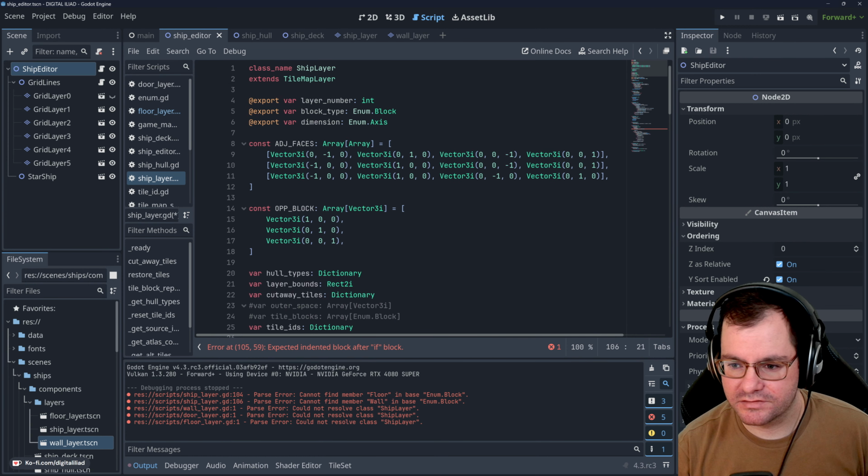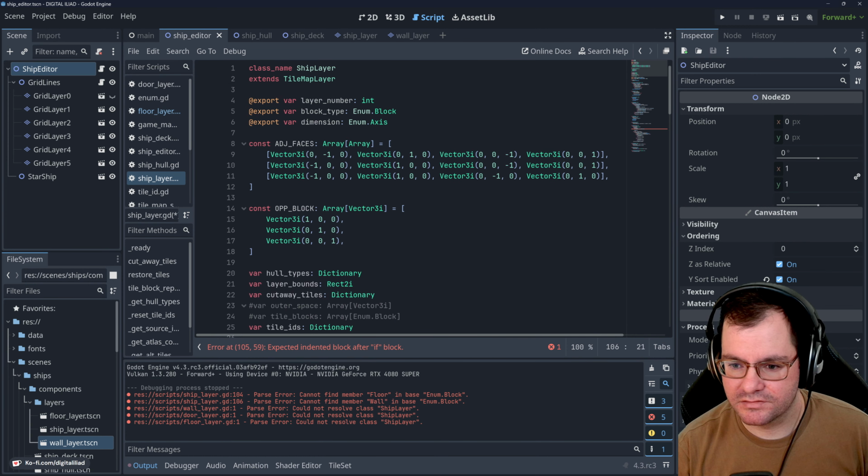Op block 001. I think op block actually needs to be 000, but only if you're a floor. Okay, so that's how we're going to do it.